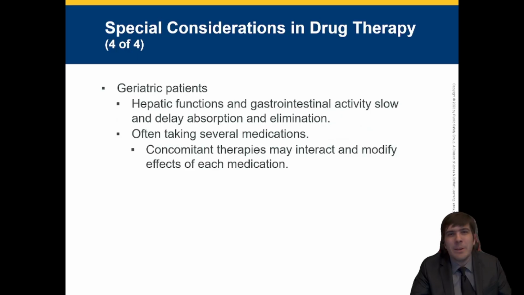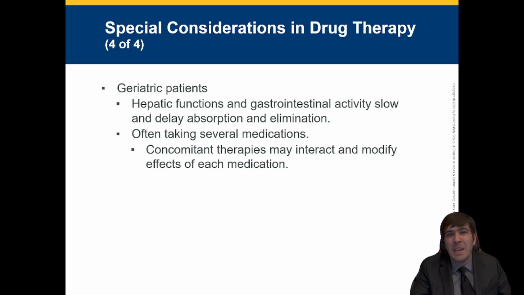And our biggest population base, geriatric patients. As we get older, our hepatic functions kind of go down. Gastrointestinal activity slows. Absorption and elimination, all these things are going to slow down. They're also big fans of polypharmacy. A lot of older patients are taking a bunch of medications. You've all seen it, the pill bottles scattered around the house.